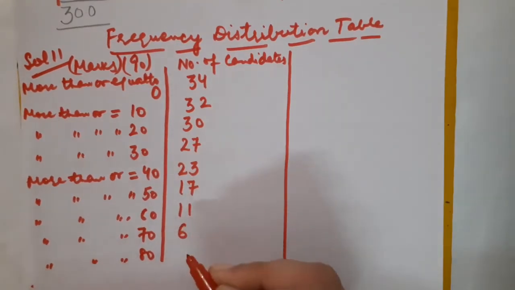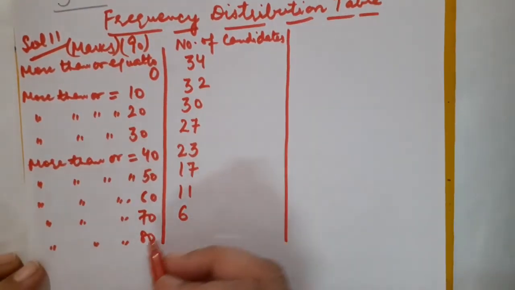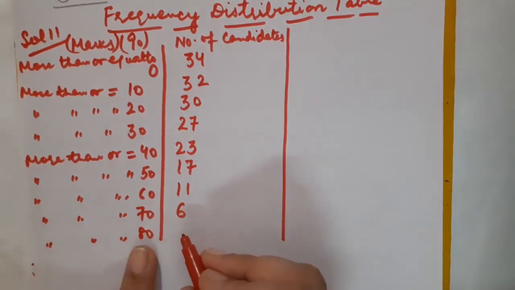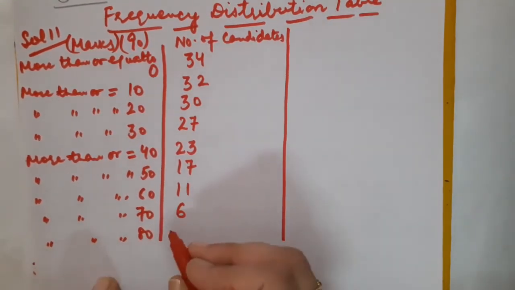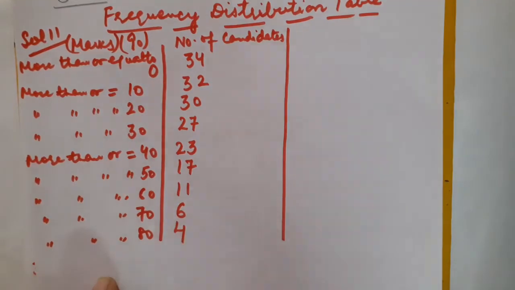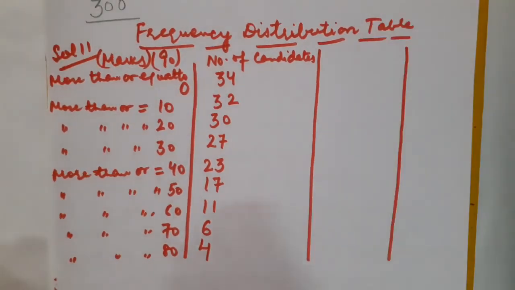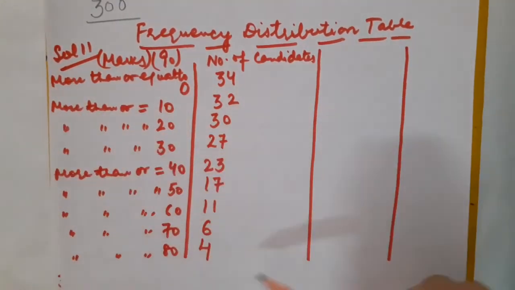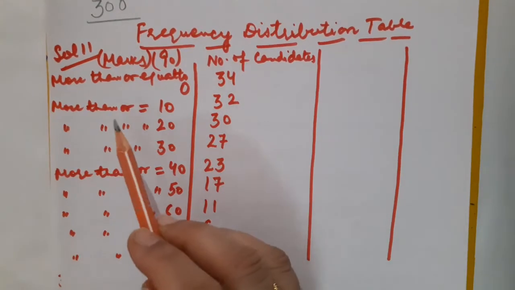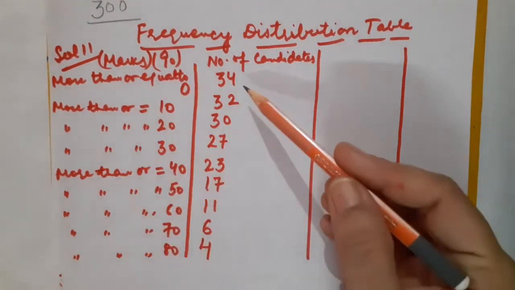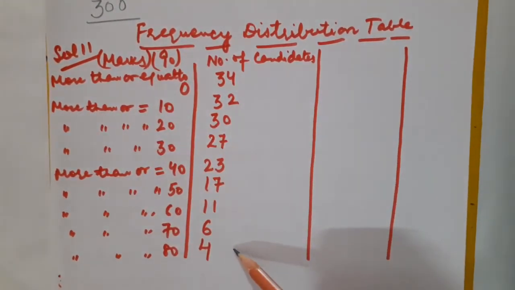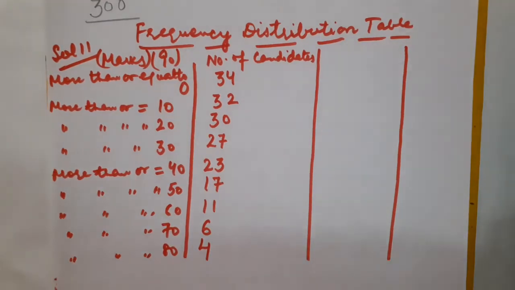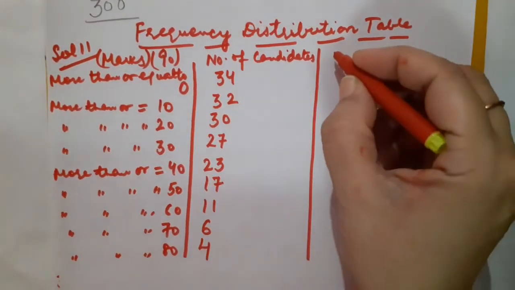Then 6, and ultimately there are 4 candidates who are getting marks either equal to 80 or more than 80. That is 4. So children, here you can observe that this is the more than cumulative frequency distribution table in our hand. And I told you that in more than, the data will always be in descending order. So now let us start making the class interval.